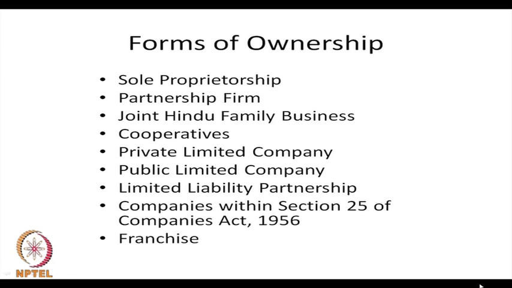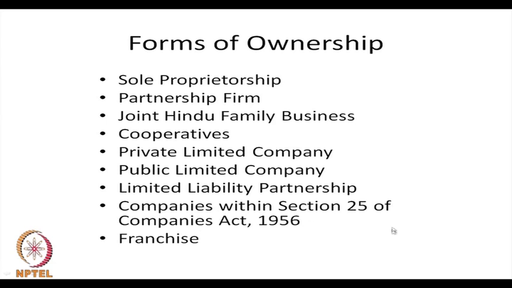So, these are different forms of ownership that are recognized by the Indian government, and we shall devote some time on each of these forms of ownership. So, there are altogether 1, 2, 3, 4, 5, 6, 7, 8 and 9.